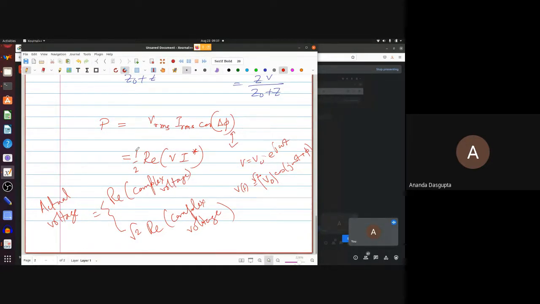So whether this formula has a half in it or not depends on whether you are using the convention that the actual voltage is the real part of the complex voltage, or the convention that the actual voltage is root 2 times the real part of the complex voltage. So which is it? The answer is, if you specify that the actual voltage is this, for example, as I did in a later problem, then you have actually given the actual voltage. So there's no confusion. Then this 10 is really the amplitude.